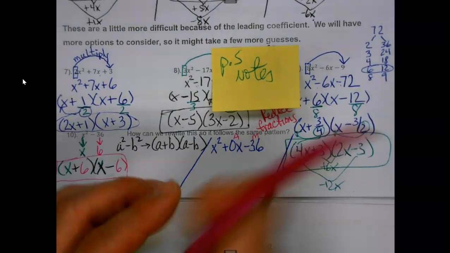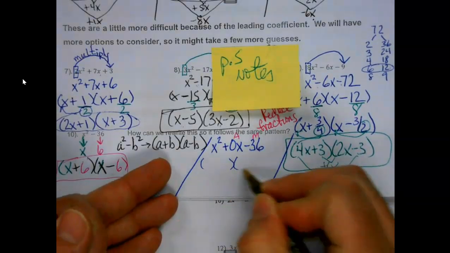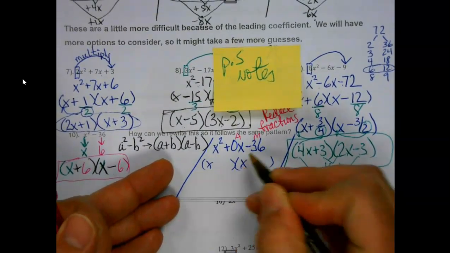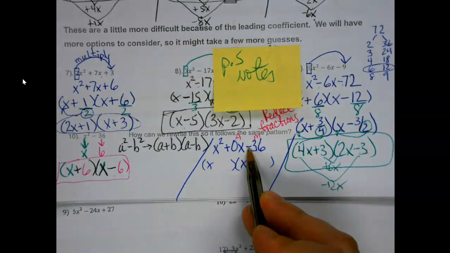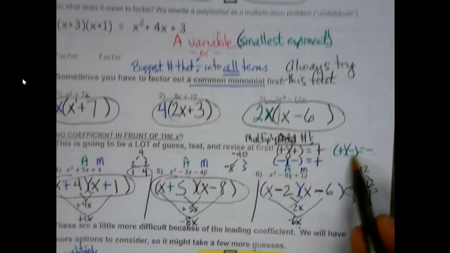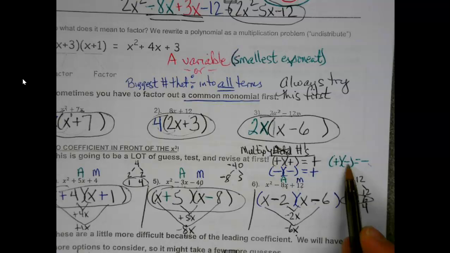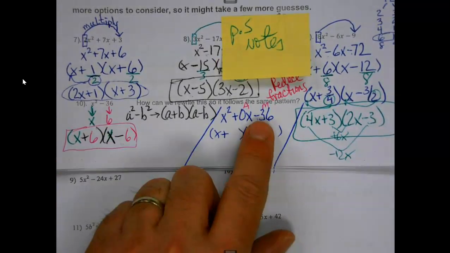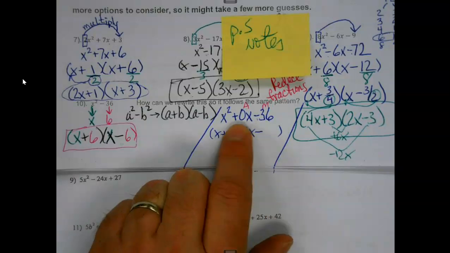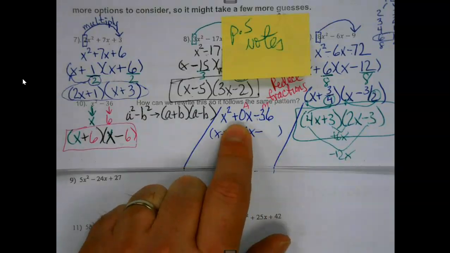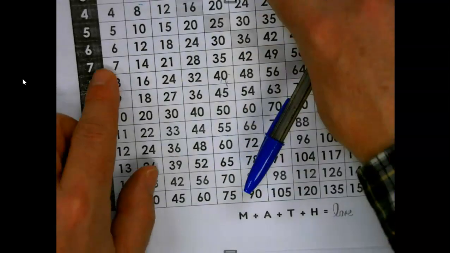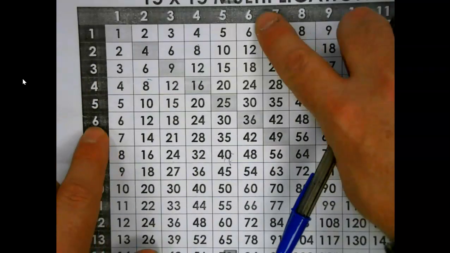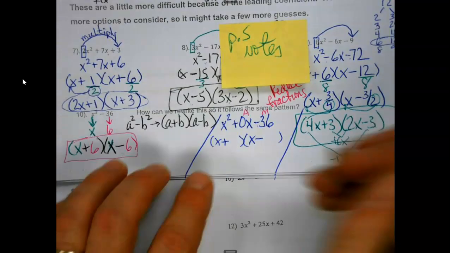It multiplies to a negative, which we saw means one's positive and one's negative. Then I need 2 numbers that multiply to 36 that are 0 apart. Well, 6 and 6 multiply to 36, and 6 and 6 are 0 apart.